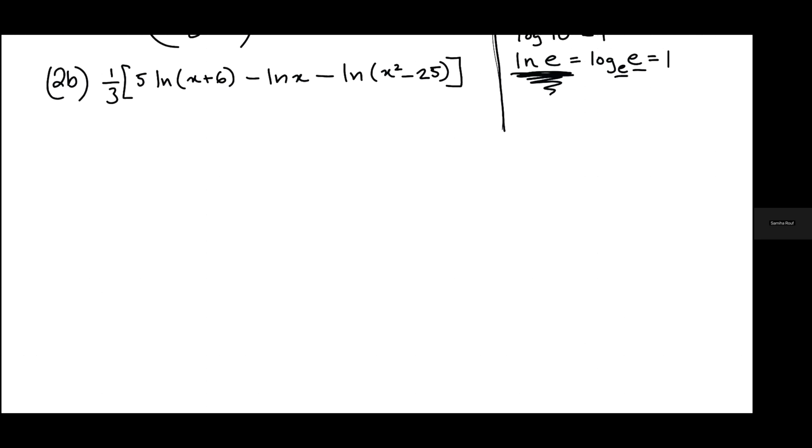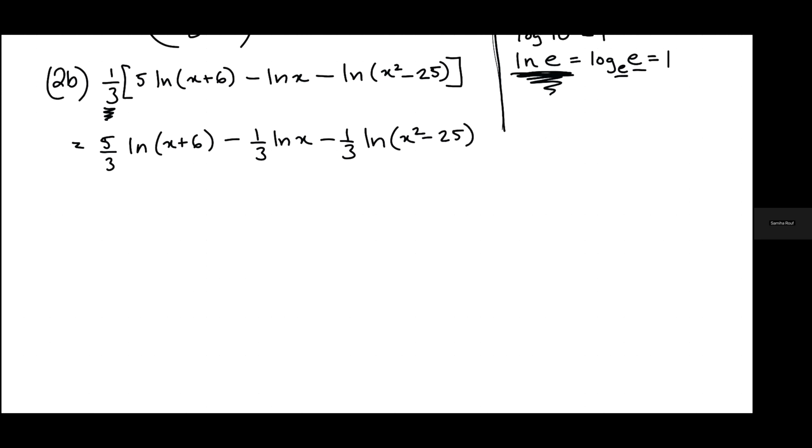So first thing we want to do is distribute this 1/3 across to get rid of the parentheses. So we get 5/3 natural log of x plus 6 minus 1/3 natural log of x minus 1/3 natural log of x squared minus 25.